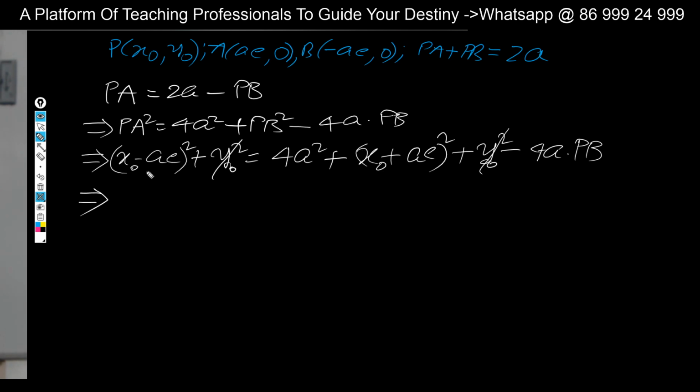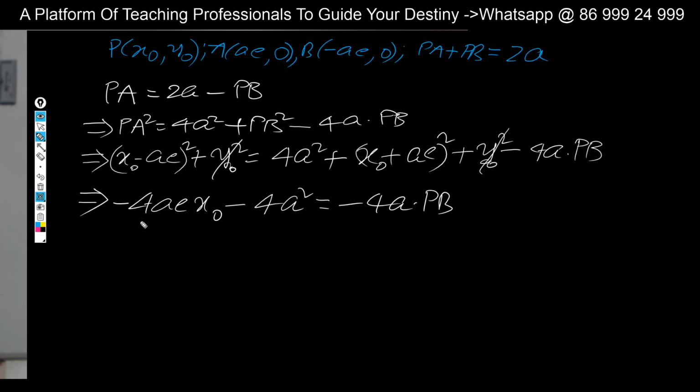Bring it to the other side, it becomes minus 4ae x naught minus 4a square is equal to minus 4a into PB.